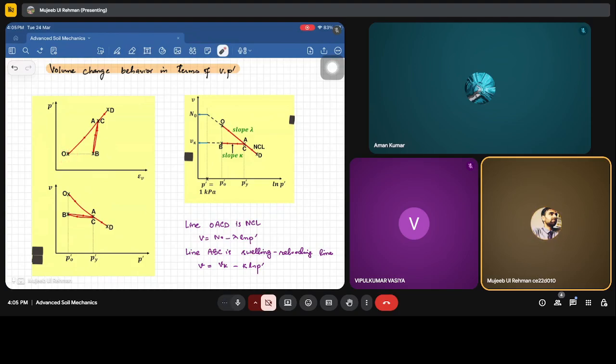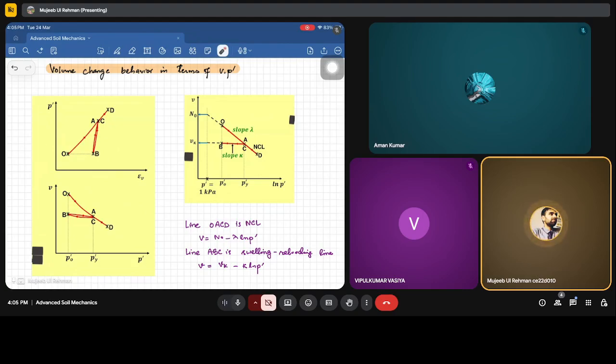So our p will start from this point where the volumetric strain will be very minute. Then with the start of the test, p will start to increase, our mean stresses will start to increase, and the volumetric strain starts to increase, or it depends. If we are doing the consolidation, it will start to increase.